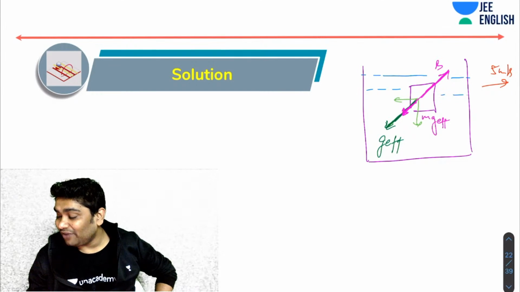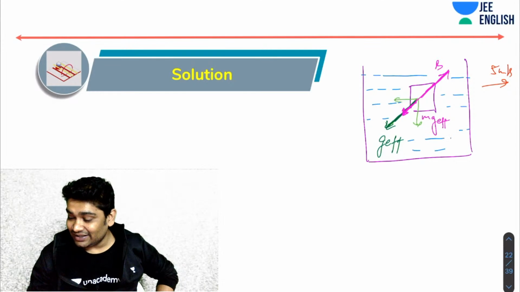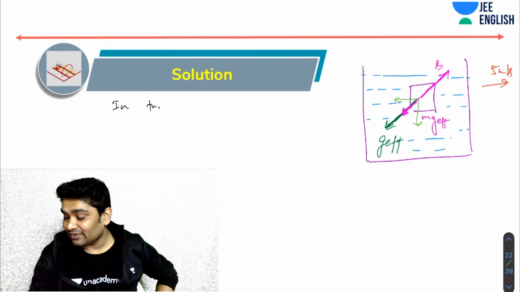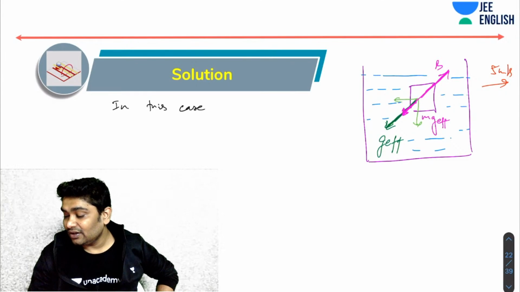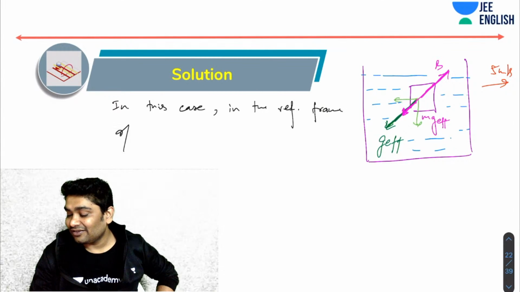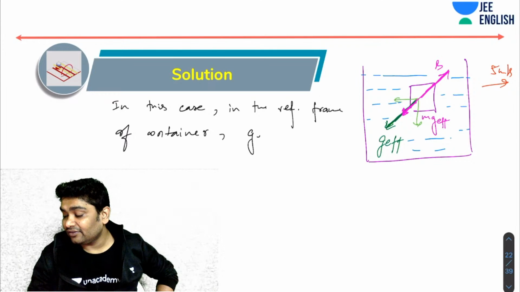So since the buoyant force is higher, in the reference frame of the container, g effective and B have the directions as shown.